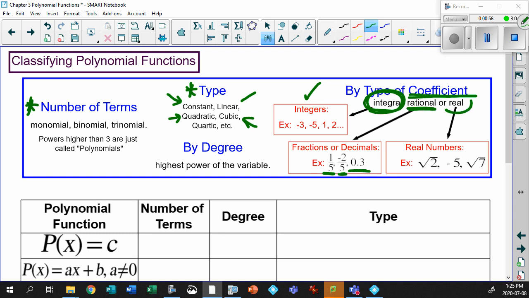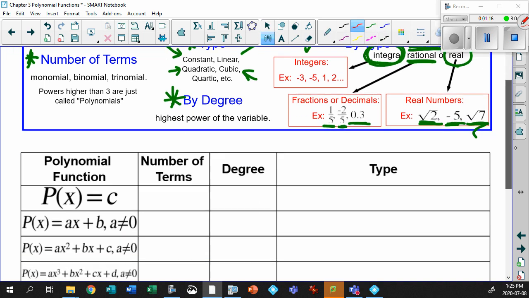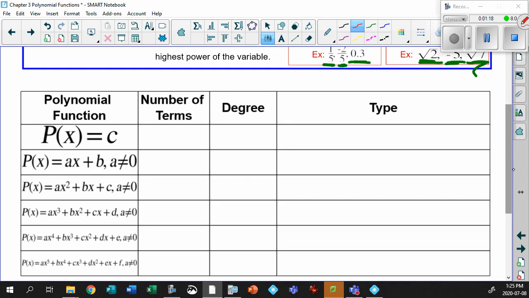Or are they some other kind of real number like root 2, -5, or root 7? And then, one of the most important things here is the degree of the polynomial, which is the highest power of the variable.